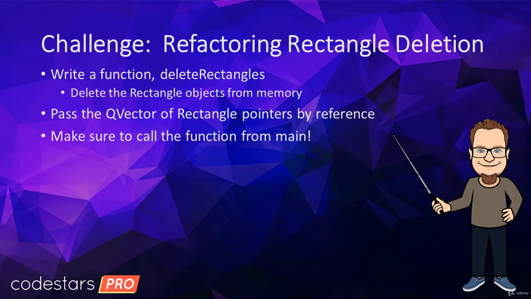The function should have the QVector set to be passed by reference. Other than that, just write the function with its prototype and call it from main. We're basically already returning the allocated memory, so you have that code there. You're just going to move it out and do it correctly from your function. So pause the video, give this one your best shot. Come back when you're done, or if you need some help.